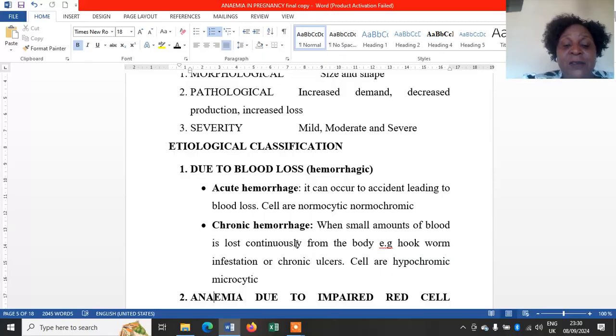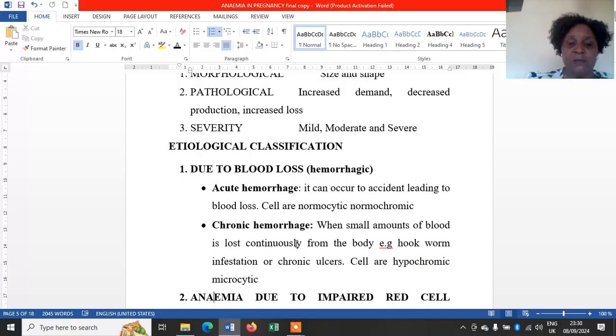And because it is the folic acid which helps in the size, growth, and stature of the red blood cells, if this hookworm is feeding on it, it means the cells won't be able to grow big enough, so they will remain microcytic. So that is classification due to blood loss.